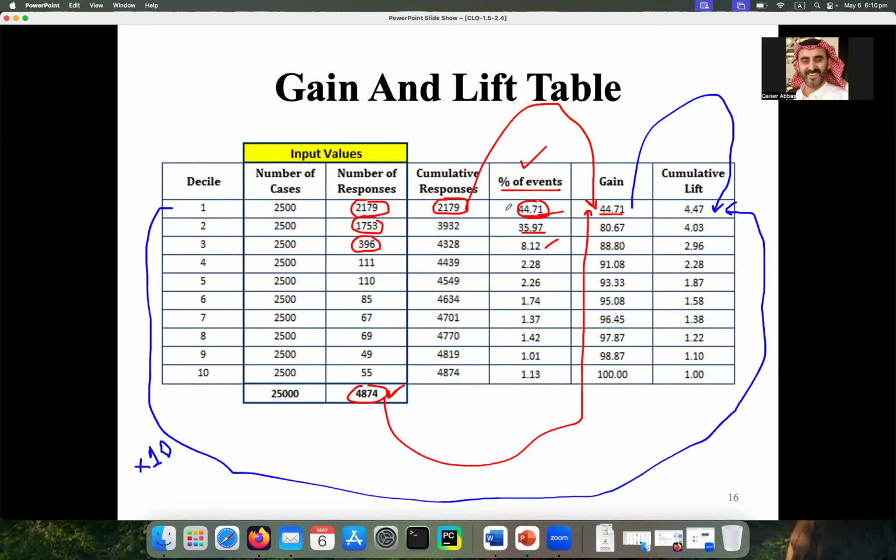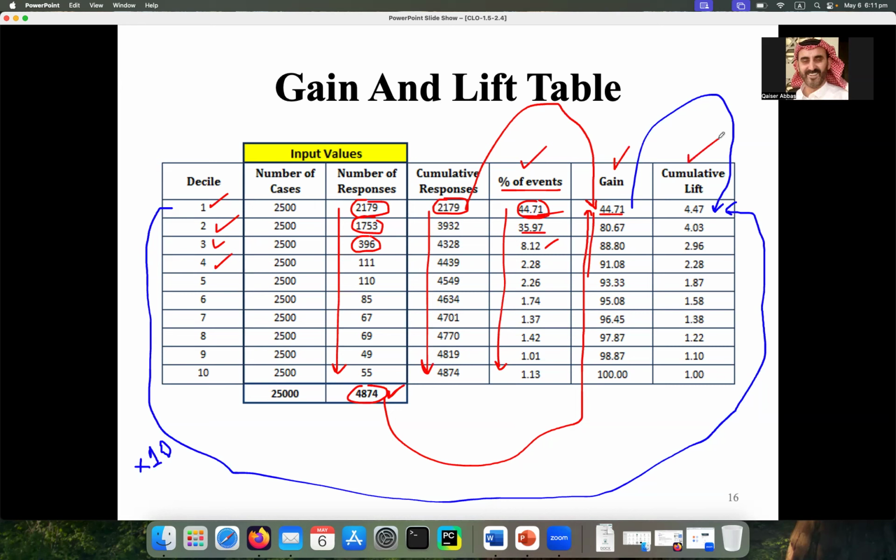So these values are percentages, but you are calculating them for individual responses. These are again the same values, but you are calculating them for cumulative responses. That is the only difference. In this way, you can calculate the gain for each decile, for each portion.